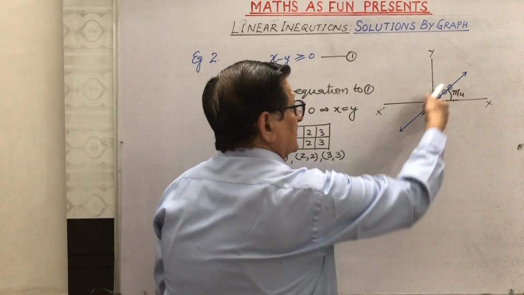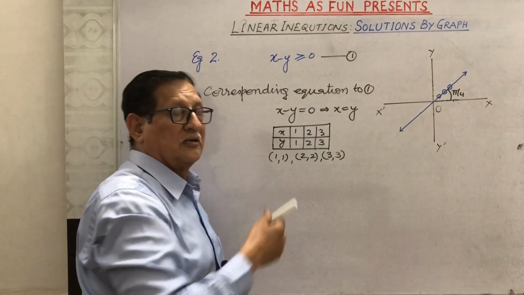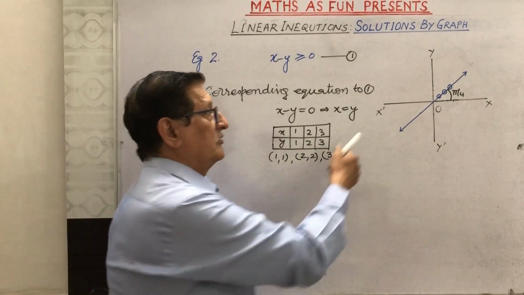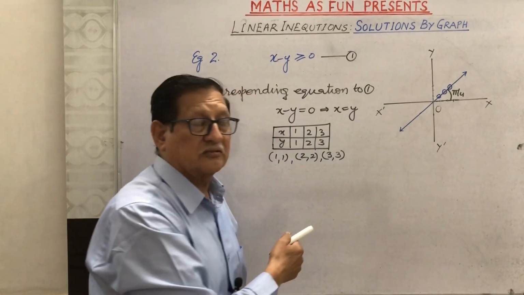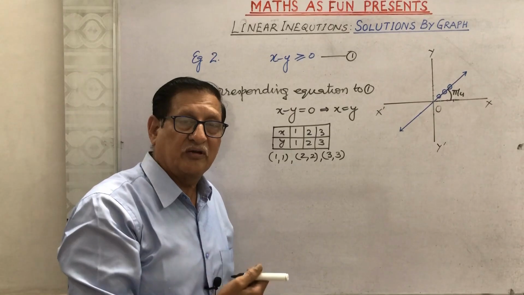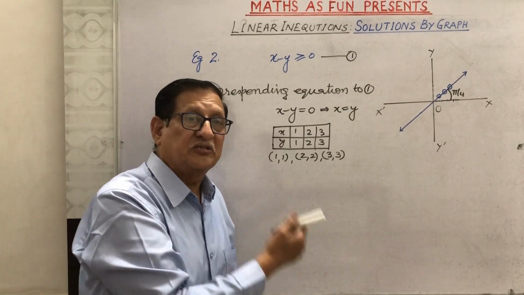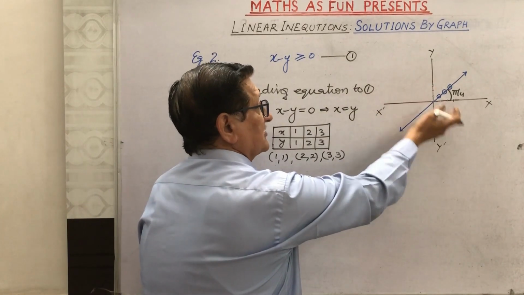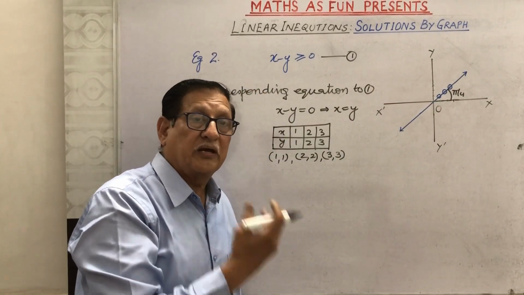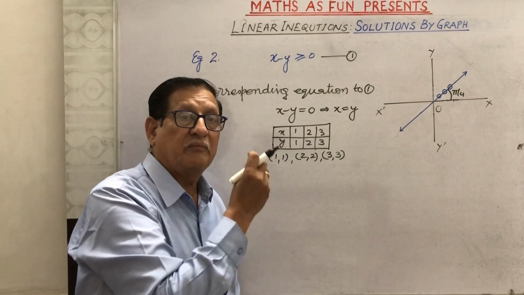This is the line and this is a continuous line because the sign is greater than or equal to, this is a closed space. Now after plotting the points, after drawing the line, what we will do? We will have to see which is the space, because now these two spaces are in which the xy plane has been divided by this line.